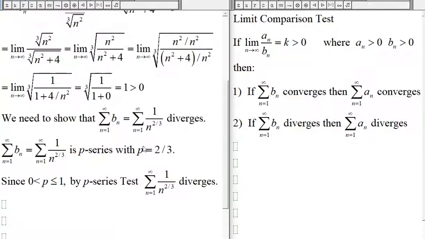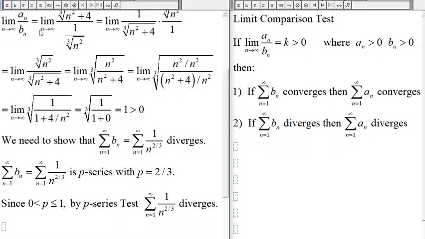And so let's recap this. We have shown that the limit of a sub n divided by b sub n is equal to 1, which is greater than 0. And then next, we have shown that the series b sub n diverges.